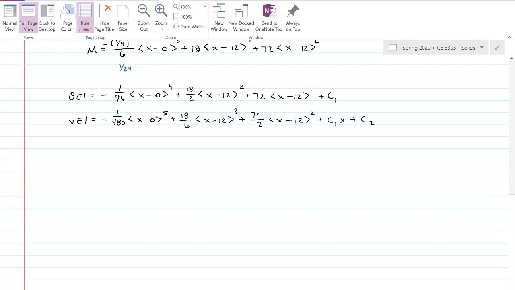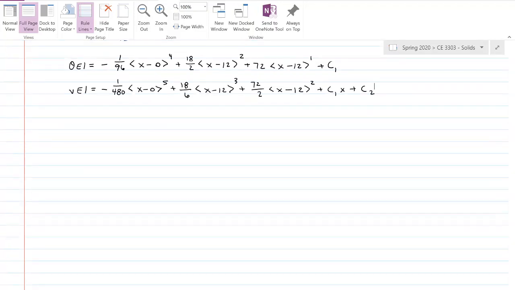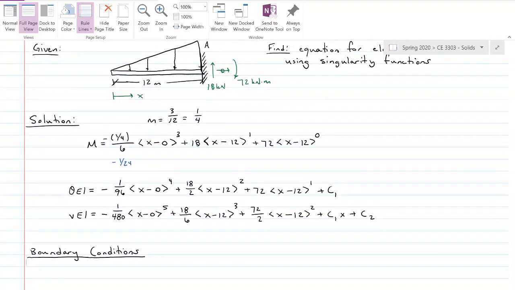So now that we have our elastic curve equation and our slope equation, we can use boundary conditions and continuity conditions to solve for the constants of integration. What is fantastic about a fixed end is that slope and deflection both equal 0 at the fixed end.